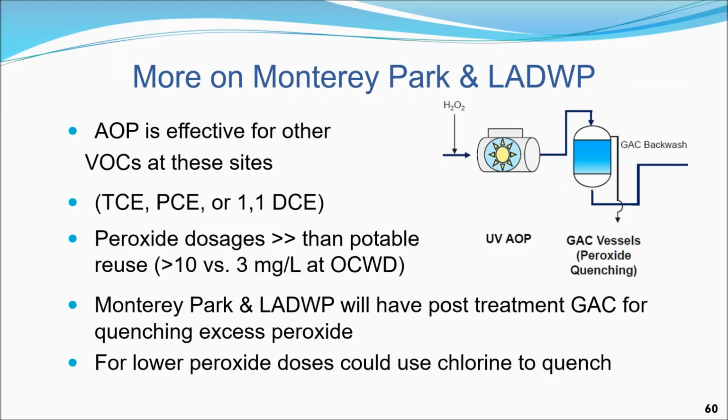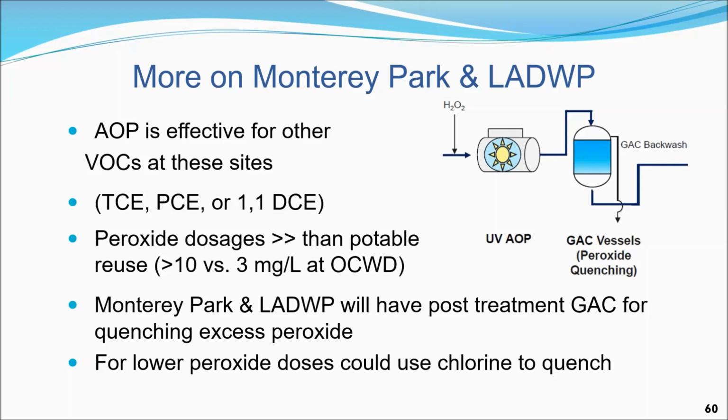Now, just more on these 2 sites. It's effective, as I mentioned, for a lot of other volatile organics, like TCE, PCE, or 1,1-DCE. Now, the peroxide doses in groundwater are much higher, as you probably could see, than potable reuse. So greater than 10 milligrams per liter at these groundwater sites versus the 3 milligrams per liter at Orange County Water District seawater barrier.